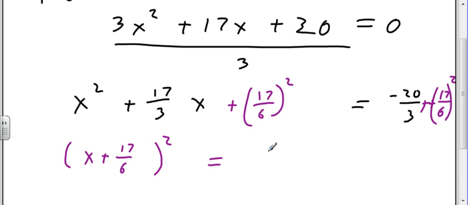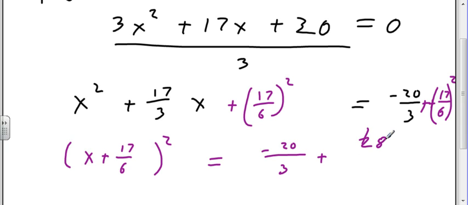So what do I have? I got minus 20 over 3 plus, anybody know the square of 17? Yeah, that's what I thought it was, 289. I knew that, 289.